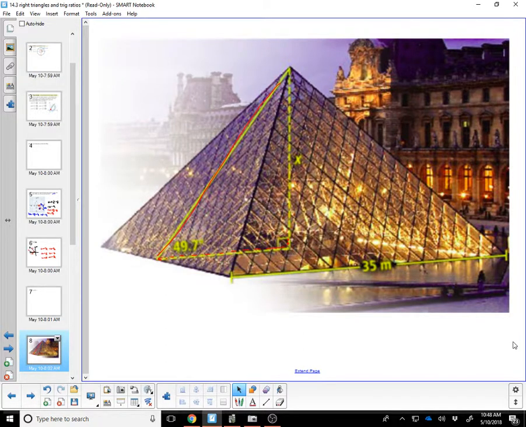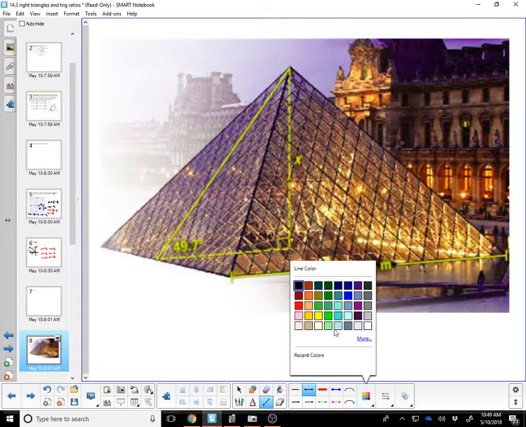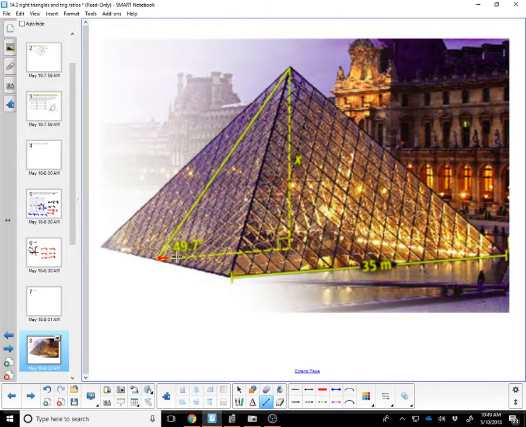Let's get something bright. Maybe yellow, the yellow will be brighter. Red? That's good, huh? Pops?